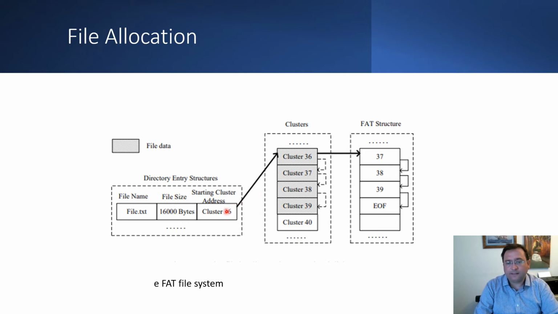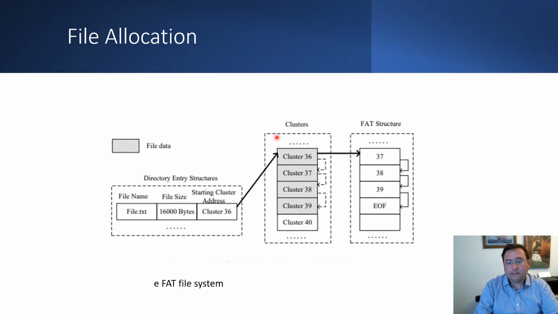The file is assigned to cluster 36, and it continues to cluster 38, 39, and this is the end of file. What this means is that this file is larger than one cluster and needs to be allocated into more clusters.